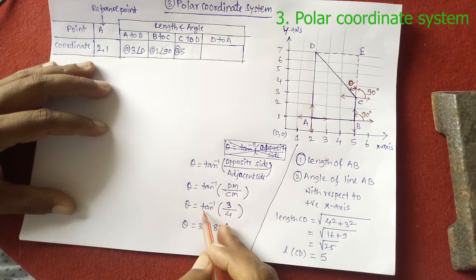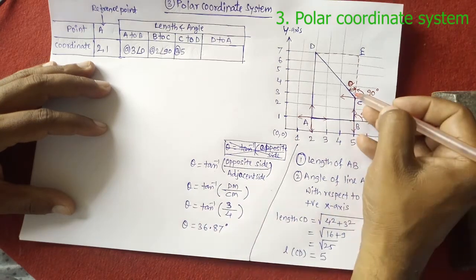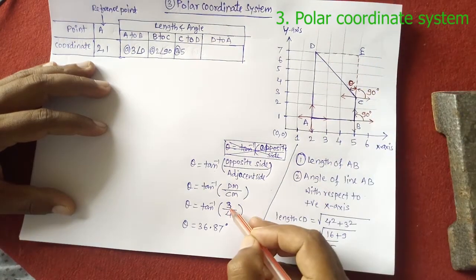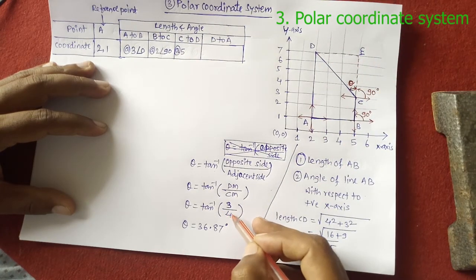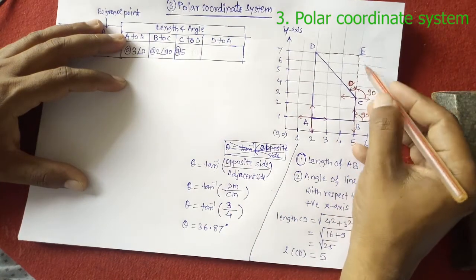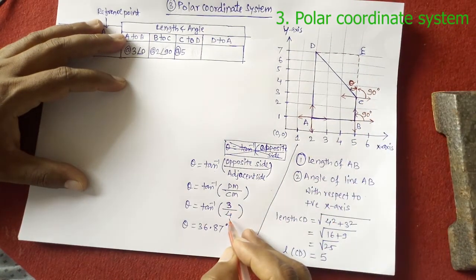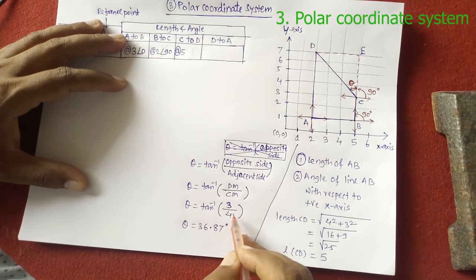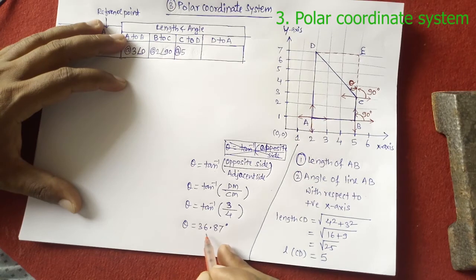So theta is equal to tan inverse of the opposite length, 3 units, divided by 4, since CM is the adjacent side and its length is 4 units. So theta is equal to tan inverse of 3 by 4, and theta turns out to be 36.87 degrees.